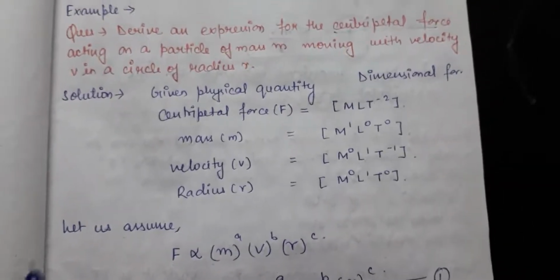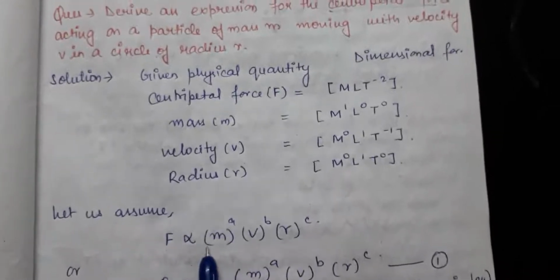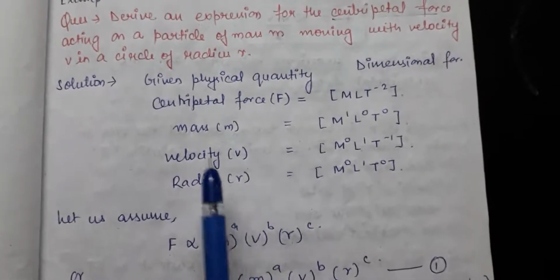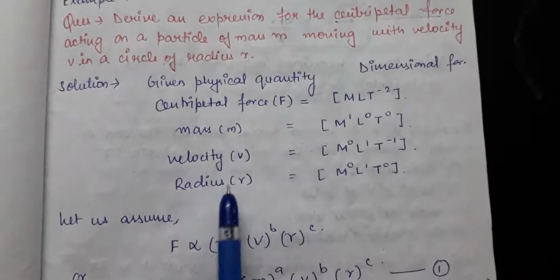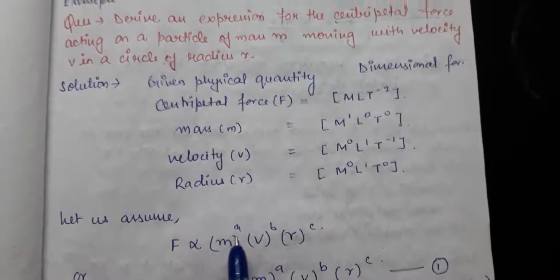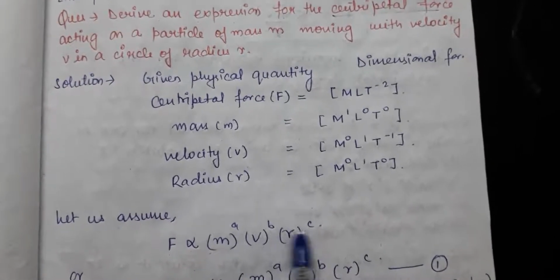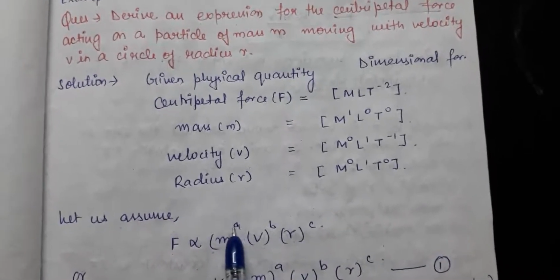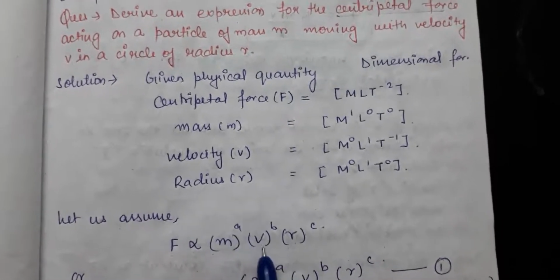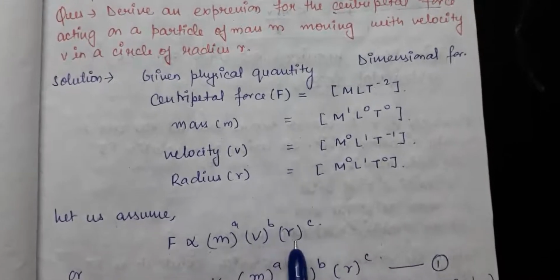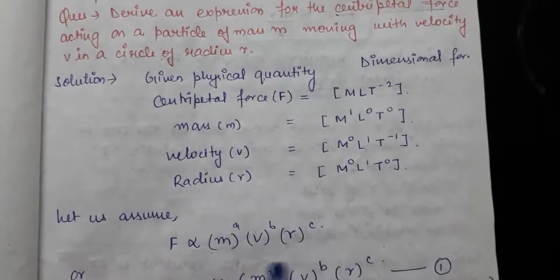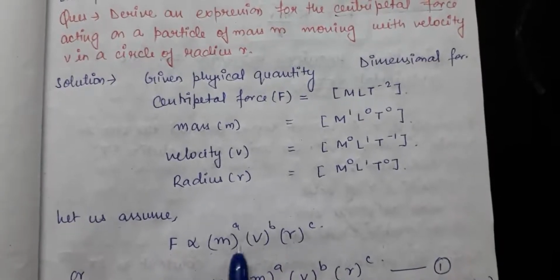So F is directly proportional to m, where m denotes the mass, v where v denotes the velocity, and r where r denotes the radius. Let us assume these physical quantities have certain powers. Mass has the power a, velocity has power b, and radius has power c. This is all our assumption. It is nothing related with the question. We have assumed it for our convenience.